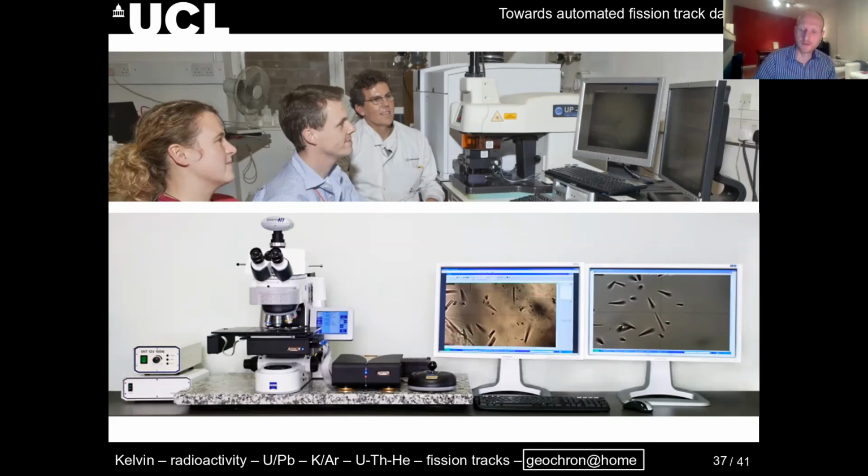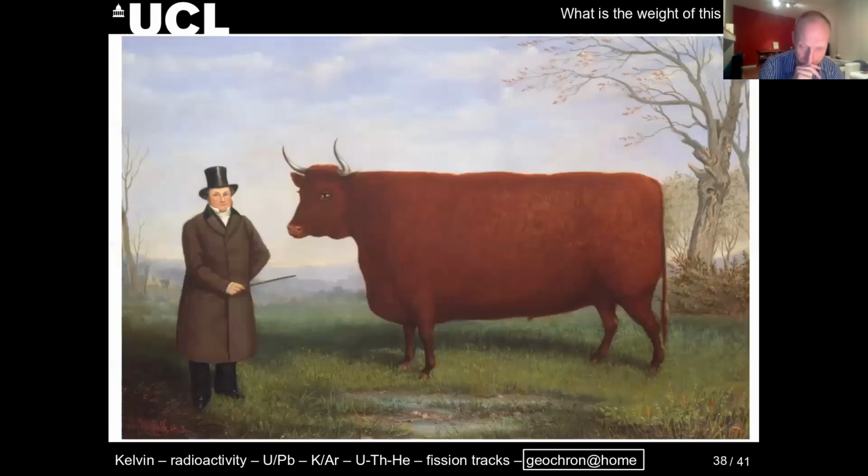So I was thinking to make progress in this field, make fission track analysis more accurate by crowdsourcing, which is an idea that is due to Francis Galton, one of the founding fathers of the field of statistics, who at the turn of the last century attended a farmers' fair in Cornwall, where 787 farmers guessed the weight of an ox.